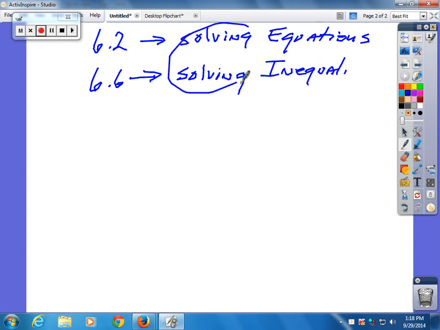Okay? The solving part is the same. And that's why I'm going to 6.6, so you can remember how to do all that problem solving, or solving for the variable. All right?